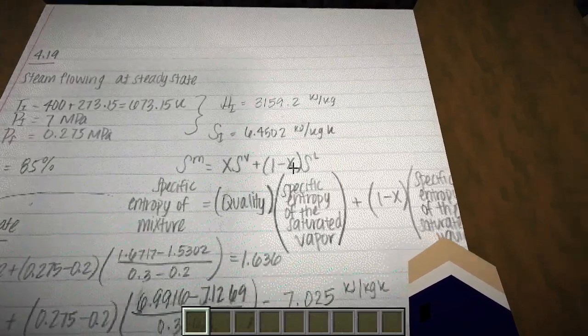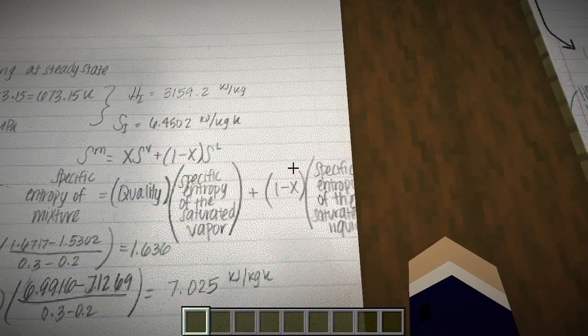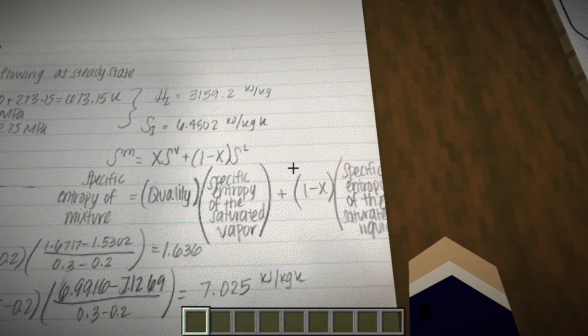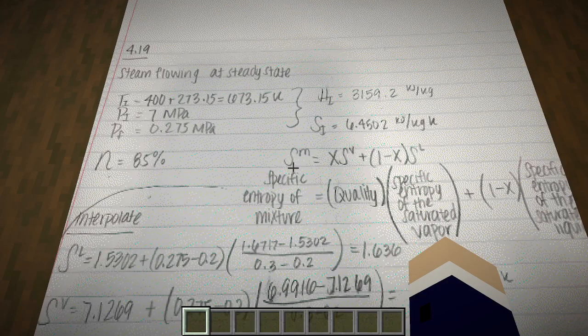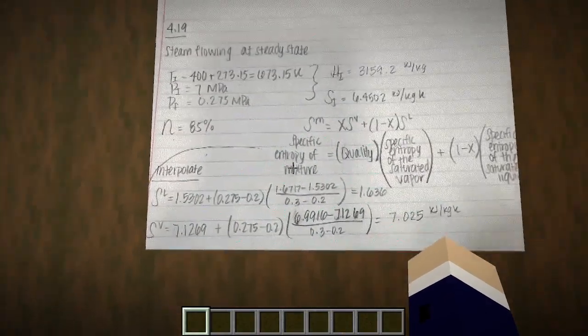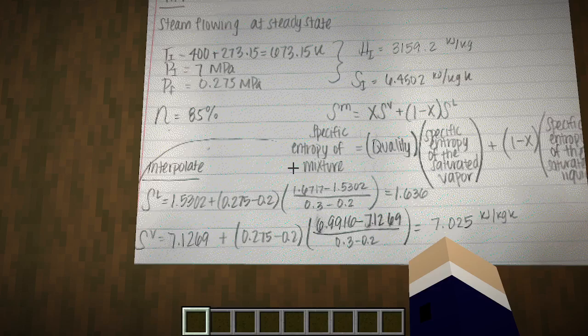And we have 1 minus X, again quality, multiplied by S_L, which is the specific entropy of a saturated liquid.